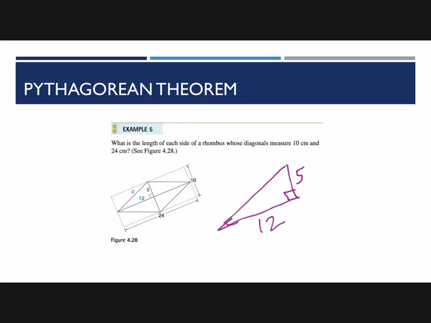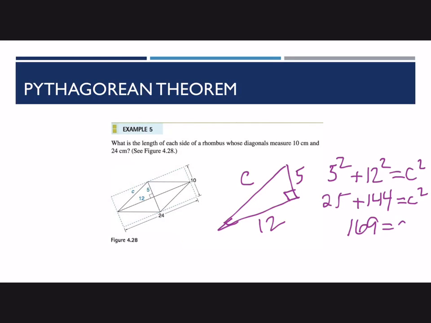And now we could use the Pythagorean theorem to find the length of one of the sides of a rhombus. So we would have the equation 5 squared plus 12 squared is c squared, and that's 25 plus 144, and that's 169. And then if you square root that, you get either positive or negative 13.